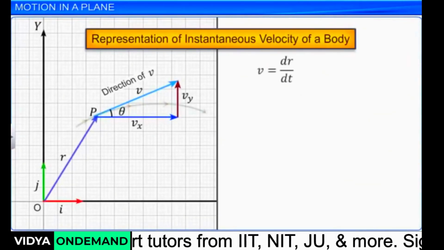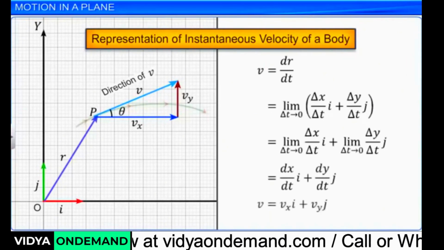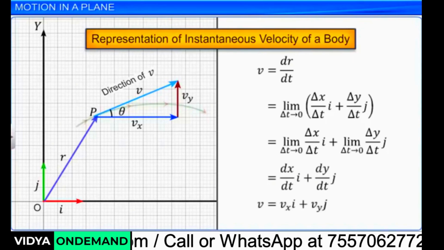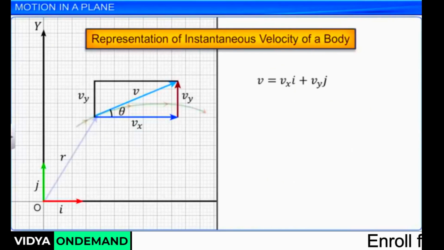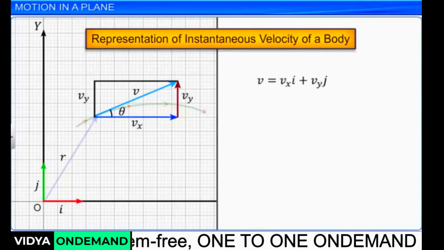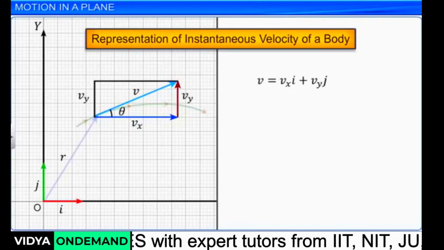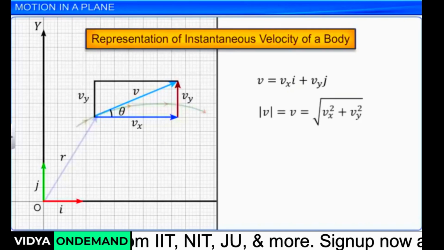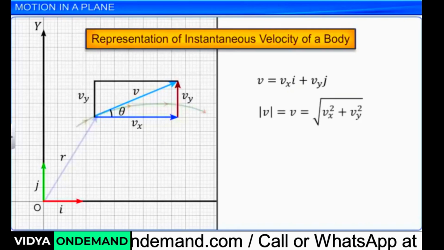Using the resolved parts of magnitudes of v in the x and y direction, that is, vx and vy, we can write v equal to the square root of vx square plus vy square, and tan theta is equal to vy by vx, and theta is equal to tan inverse of vy by vx.